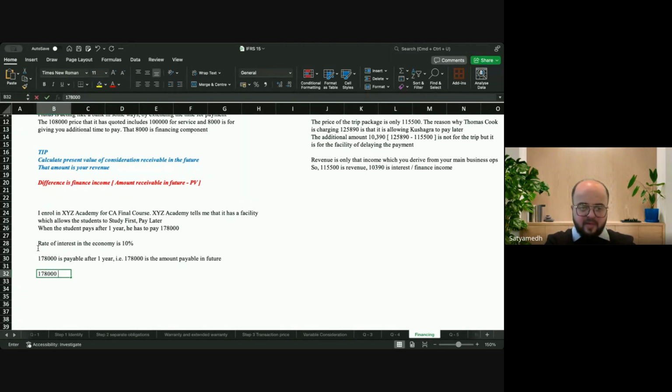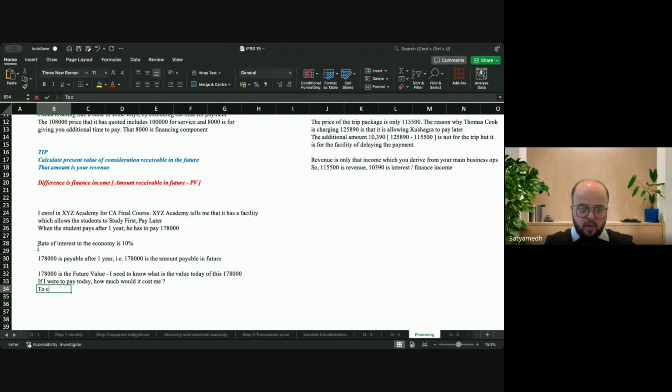So 1,78,000 is the future value. I need to know what is the value today of this 1,78,000, which means if I were to pay today, how much would it cost me?